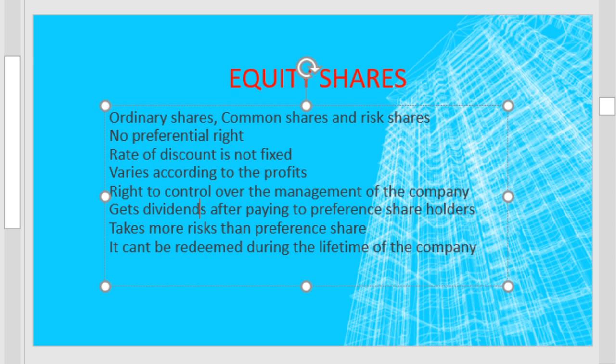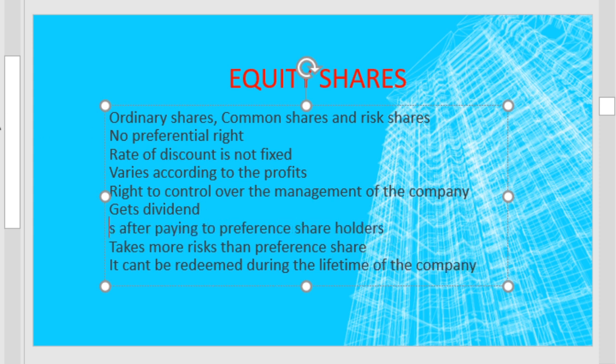They have the right to control over the management, which is why they have voting power. They get dividends only after dividends are paid to the preference shareholders. They carry more risk, and they cannot be redeemed during the lifetime of the company. They can be redeemed only if the company winds up.